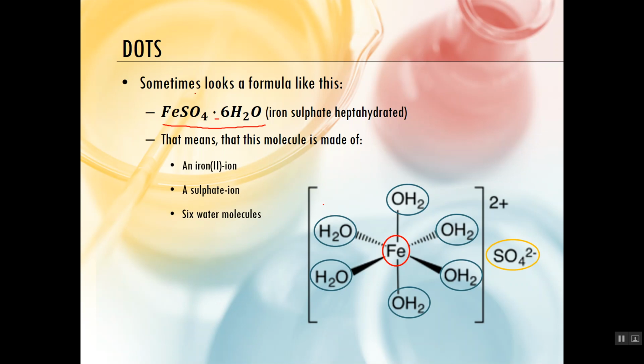So the way of representing it is to write the component of the molecule without water, dot, and then the number of water molecules which are trapped into the structure. This is a salt, and these are actually part of what the crystal salt is made of.